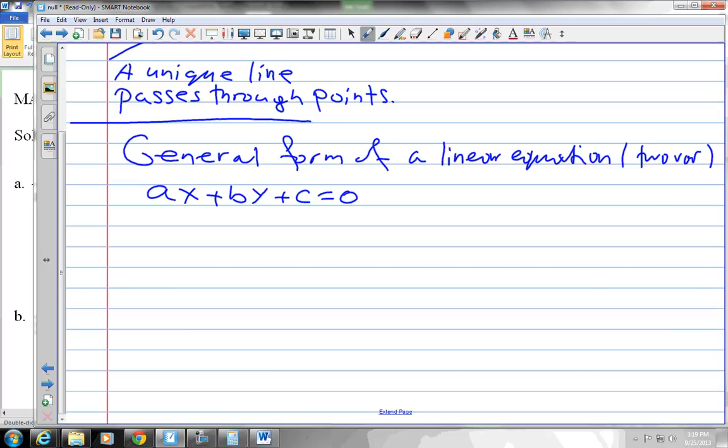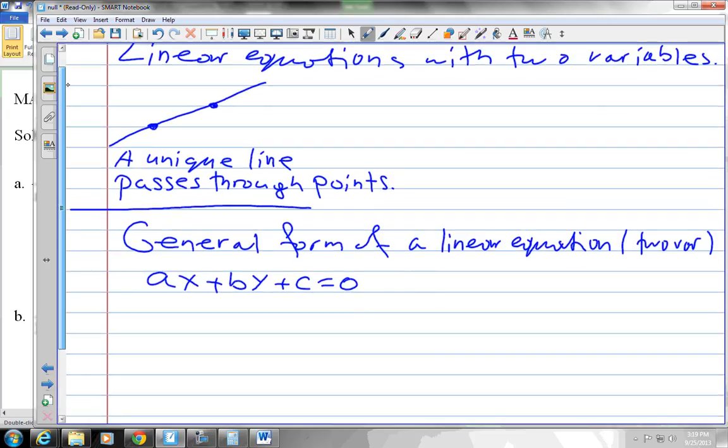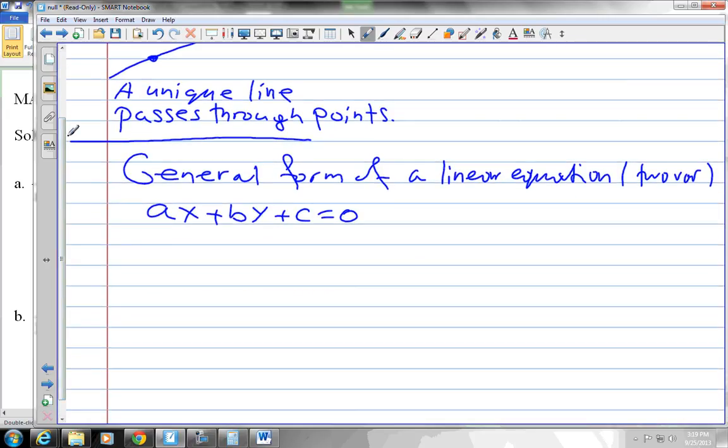The key is that x does not have any exponents, y does not have any exponents, and a, b, and c are just some real numbers. Every time, the graph of this equation will be a straight line. And in order for me to graph a straight line, I just need 2 points. The easiest 2 points to find, usually, are the ones that hit the x-axis and the y-axis, okay? So first we're going to talk about the x-intercepts and the y-intercepts.